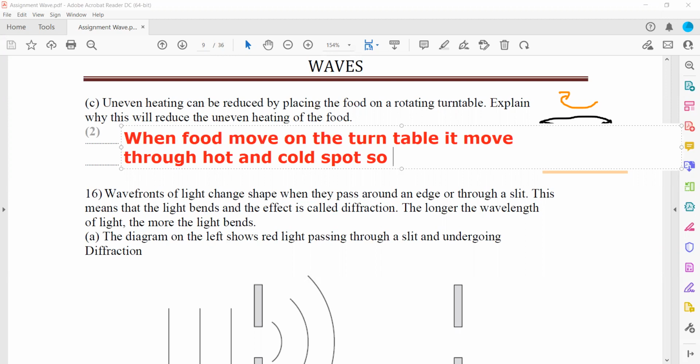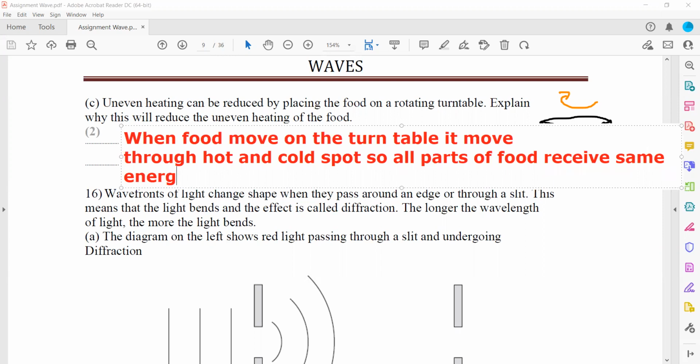So all parts of the food receive the same amount of energy.